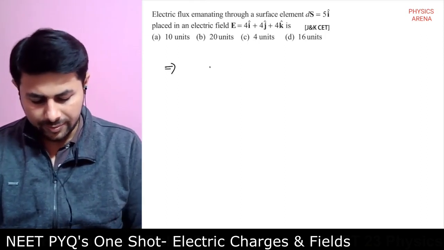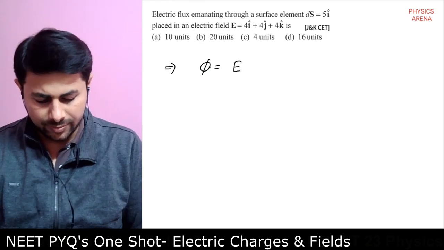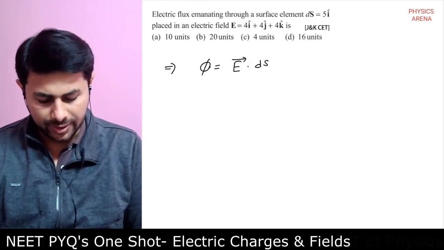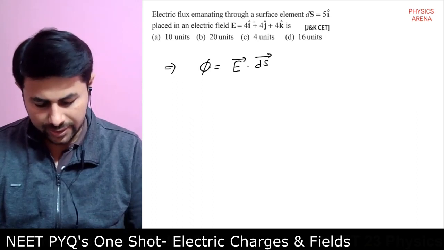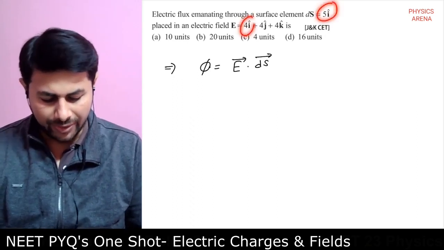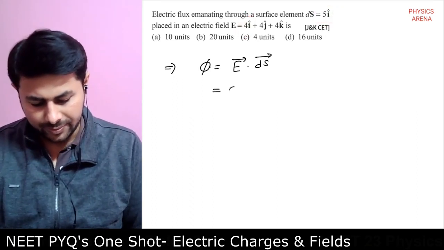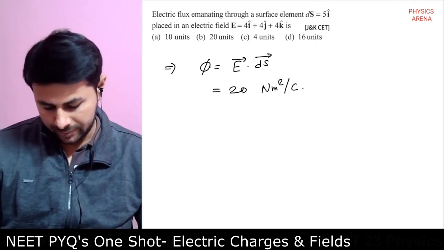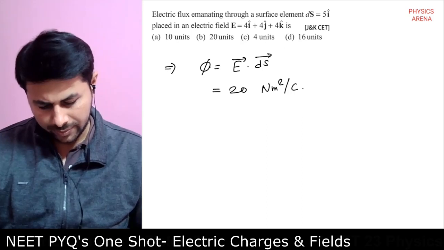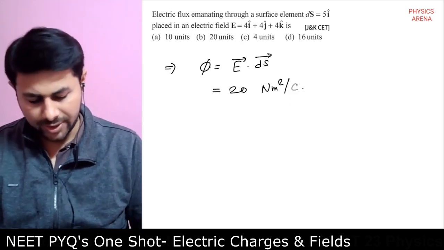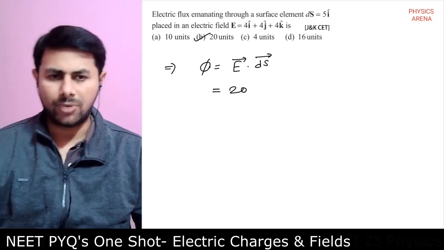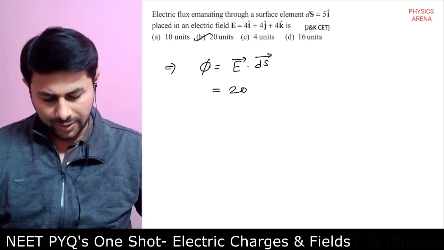Flux is equal to E bar dot area bar, that is ds bar, and it is 4 I cap multiplied by 5 I cap, so it is 20, right? Newton meter square per coulomb. Arbitrary units are not given, so it's 20 units. Option B. Next question.